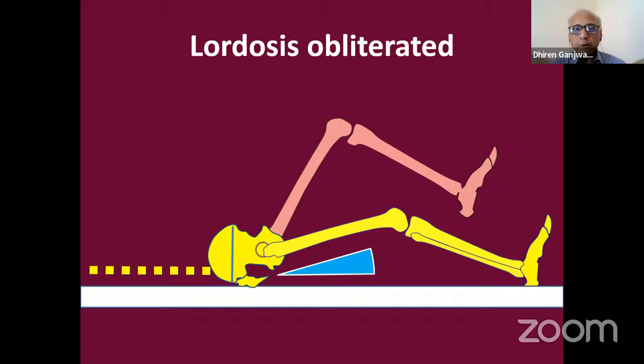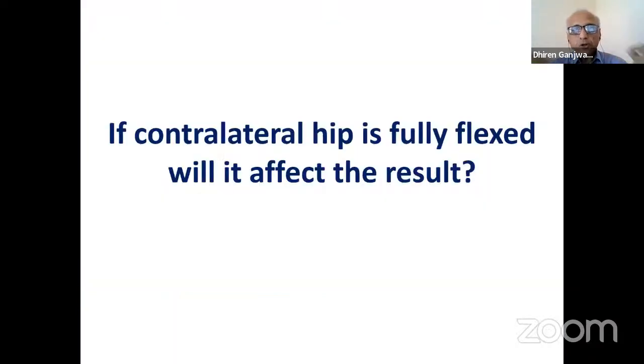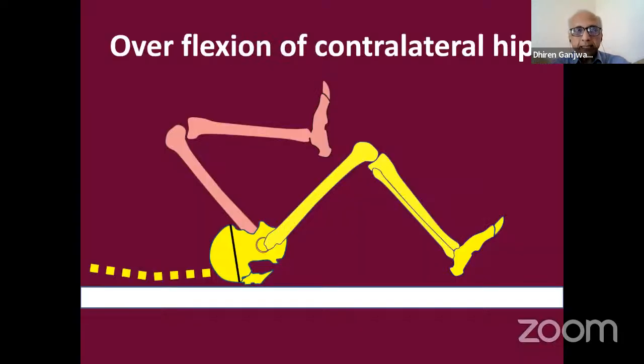Now, the important point is, if the contralateral hip is fully flexed, as described by Devendra, with the knee touching the chest, what will be the result? Let's take that we have overflexed the contralateral hip. Now we can see that the lordosis is obliterated, or there is a slightly reversed posture of the lumbar spine.